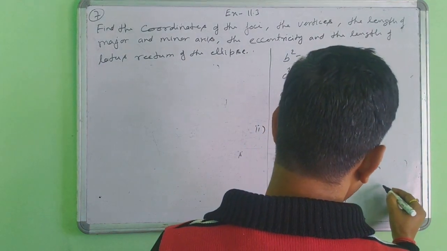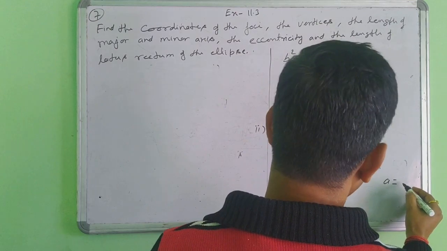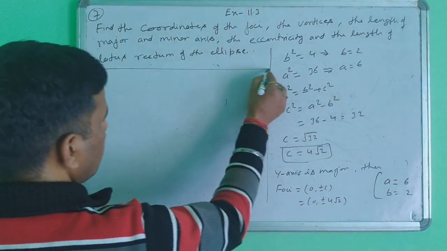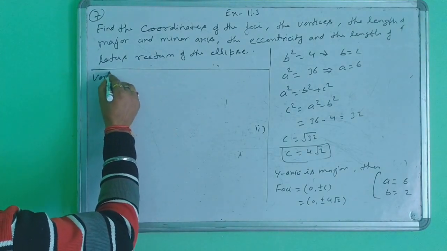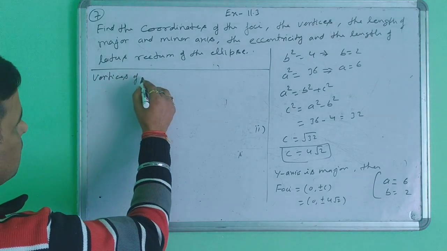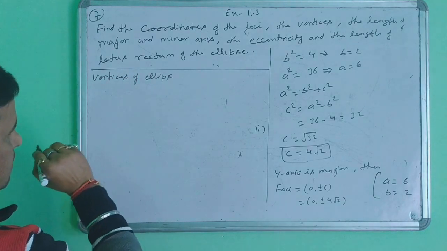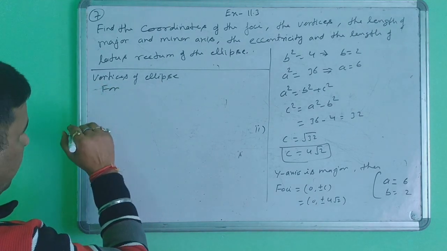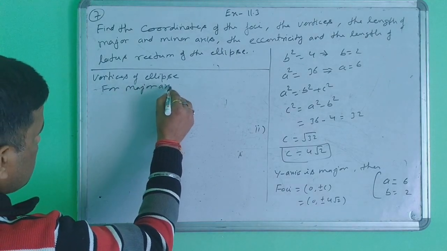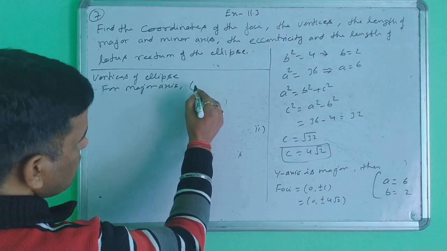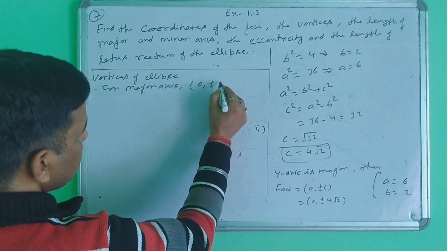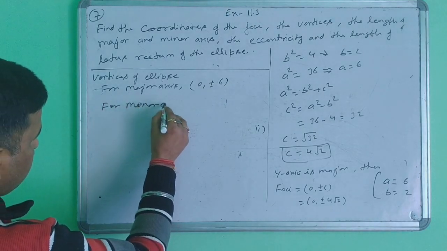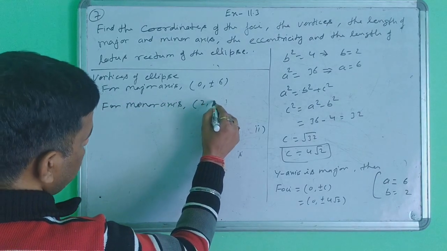You have already got the value of a, which is 6, and the value of b, which is 2. Now the vertices of the ellipse. The major axis vertices are 0, plus minus 6, and for the minor axis they are plus minus 2, 0.